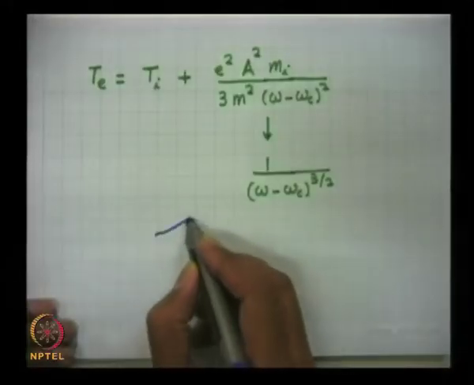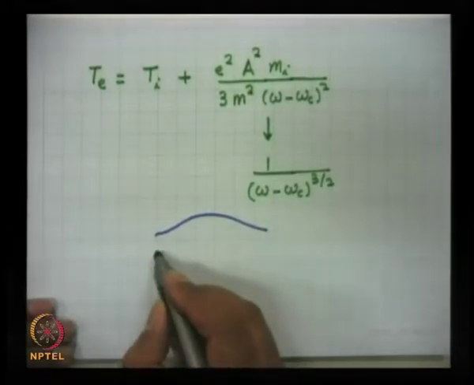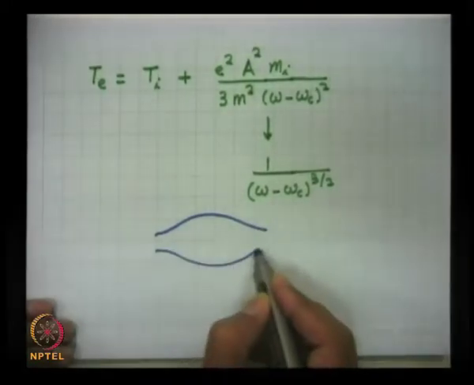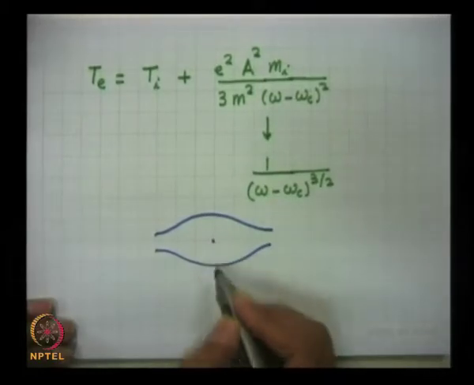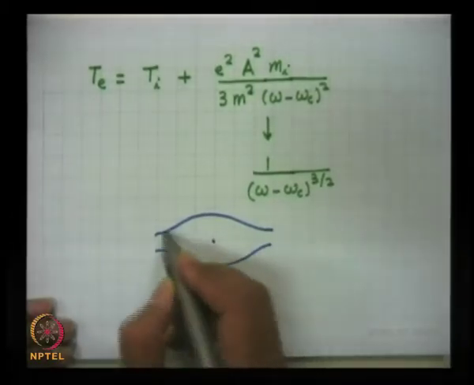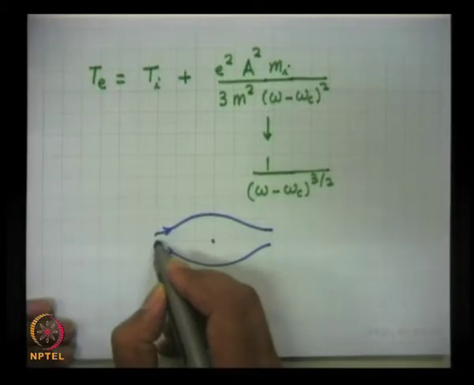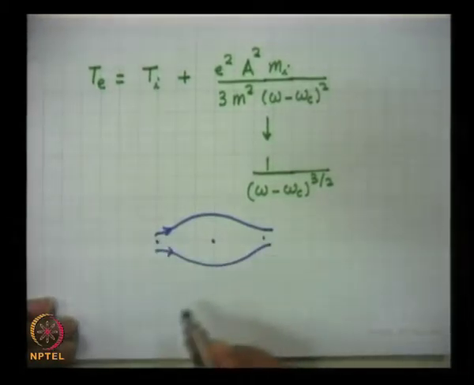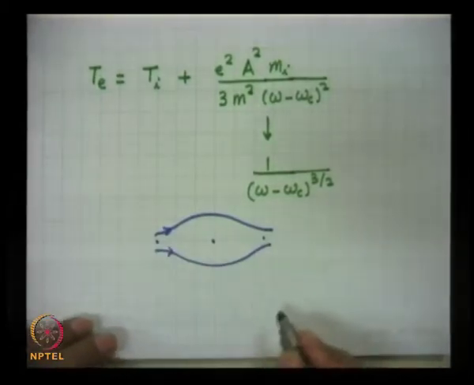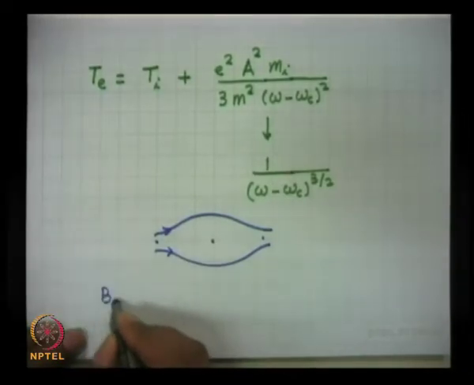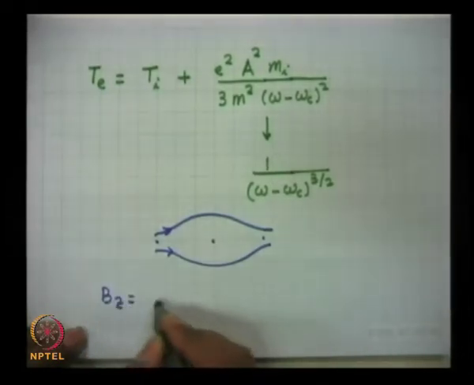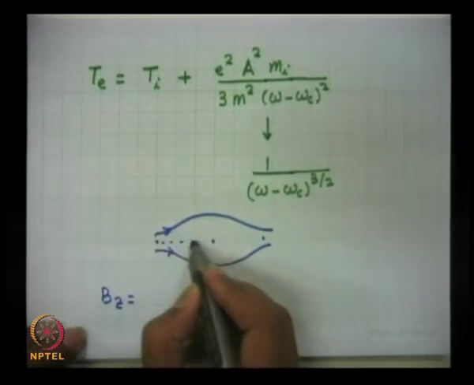Before I actually do that, let me tell you the relevance of this kind of heating scheme. We have learnt in a mirror machine that the lines of force go like this. The magnetic field at the center of the mirror is small and large at the throats. You can typically choose Bz of a mirror machine, the axial magnetic field on the axis.